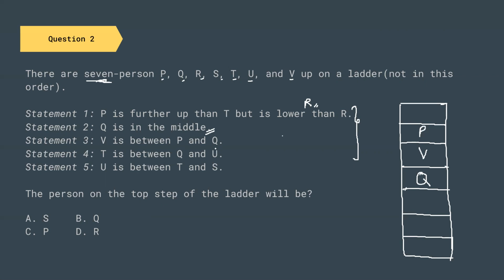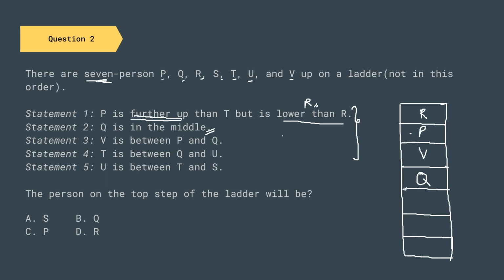So V is between P and Q. Then P is further up. P is lower than R. There is one position left on the stairs, so I will put R here.